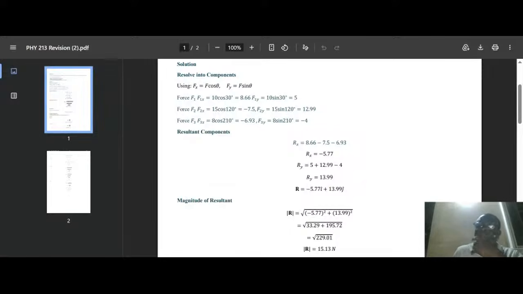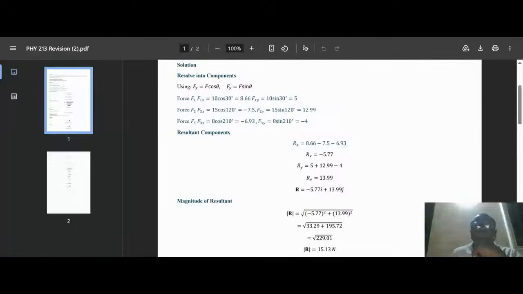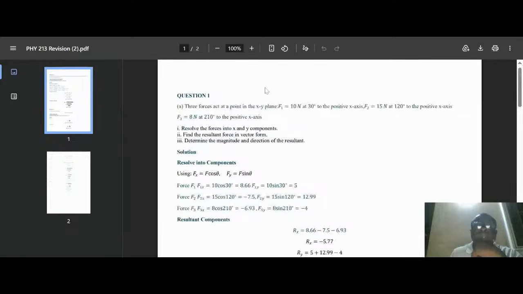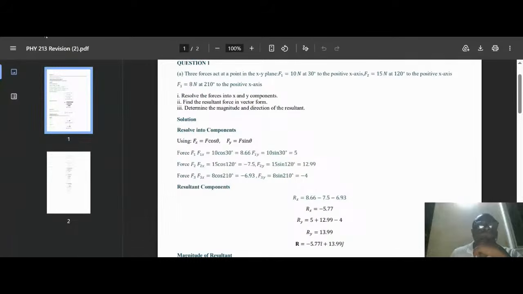So I want us, without wasting time, to look at this particular problem. I hope you can see the screen. Can you see the screen?